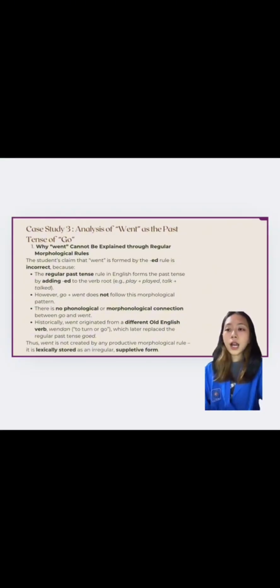Normally, English forms the past tense with the suffix -ed, like play becomes played, but go becomes went, which doesn't follow that pattern. There's no goed, and went comes from a different Old English word, wendan. So, it cannot be explained through regular morphological rules.